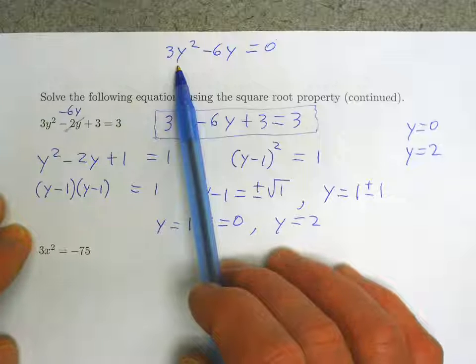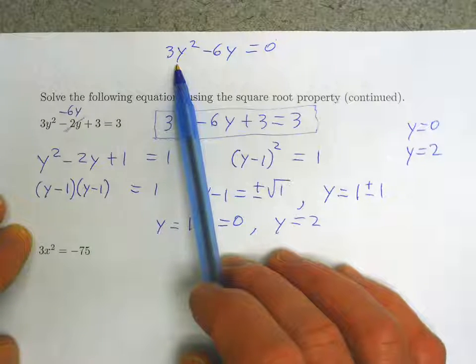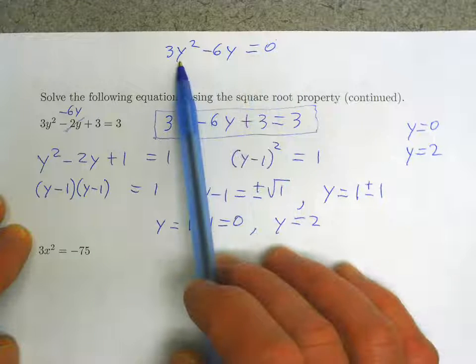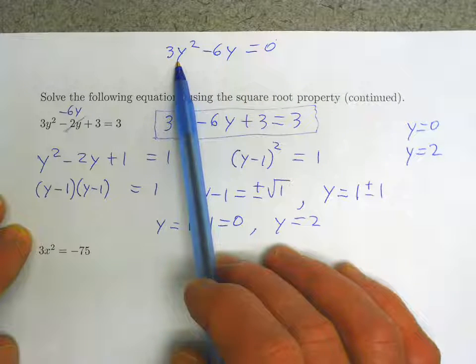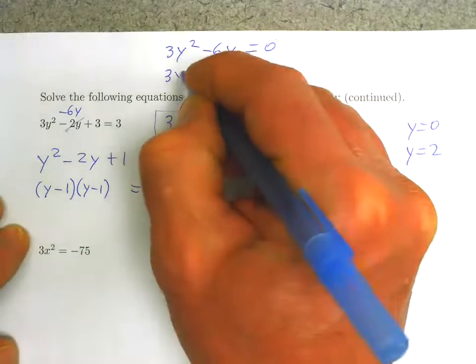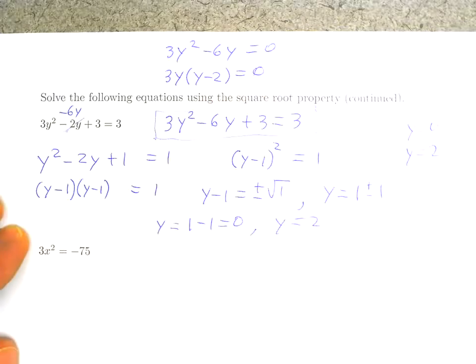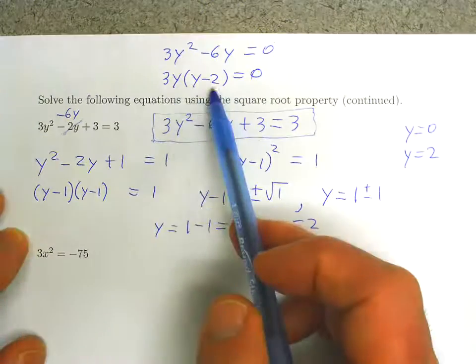But when we solve by factoring, we want to factor out the greatest common factor of all of the terms. The greatest common factor of these two terms is 3y. So when we factor 3y out, the other factor is y minus 2. And then we can set each factor equal to 0.